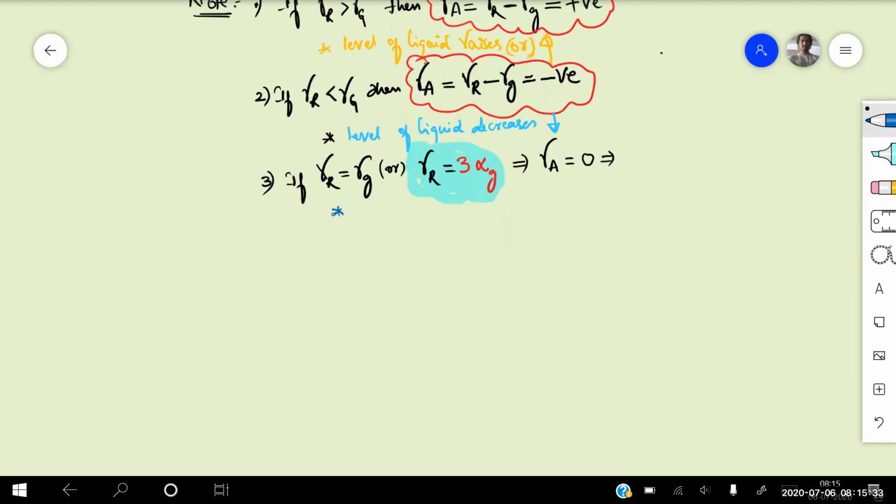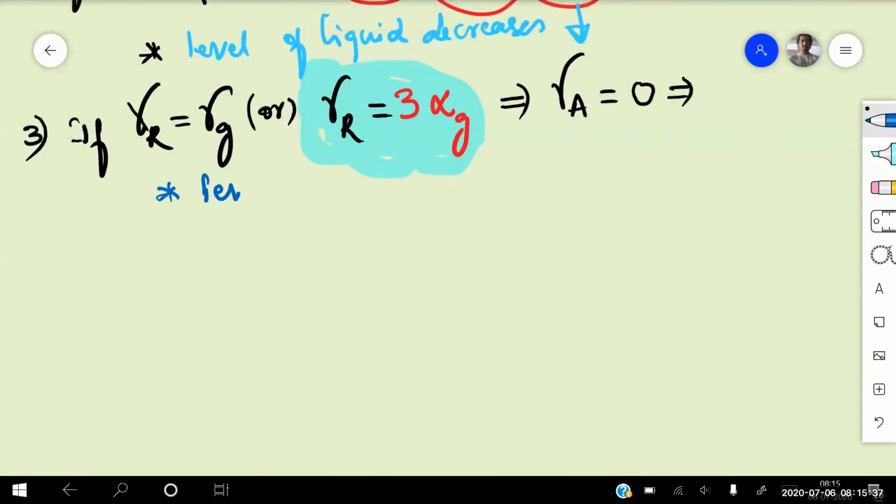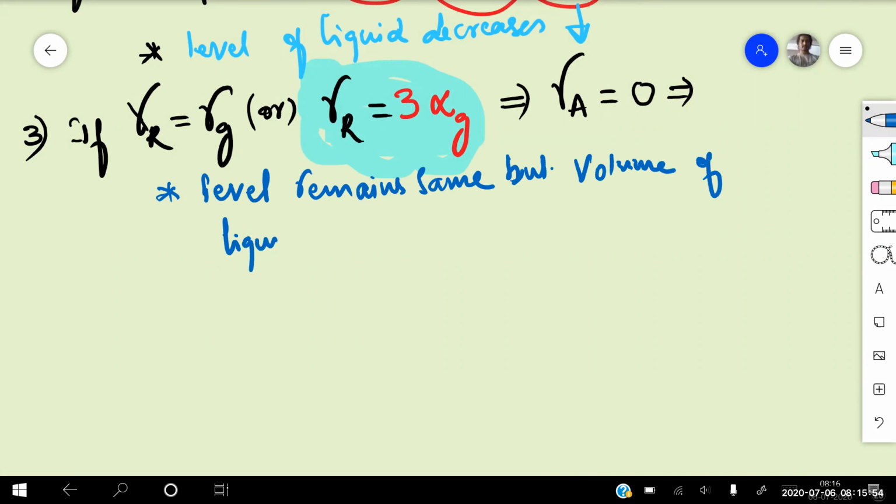Level of liquid remains the same, but the volume of liquid in the container increases.